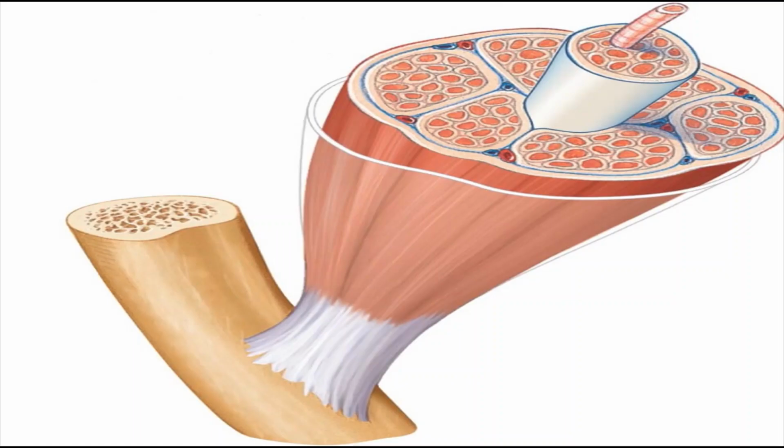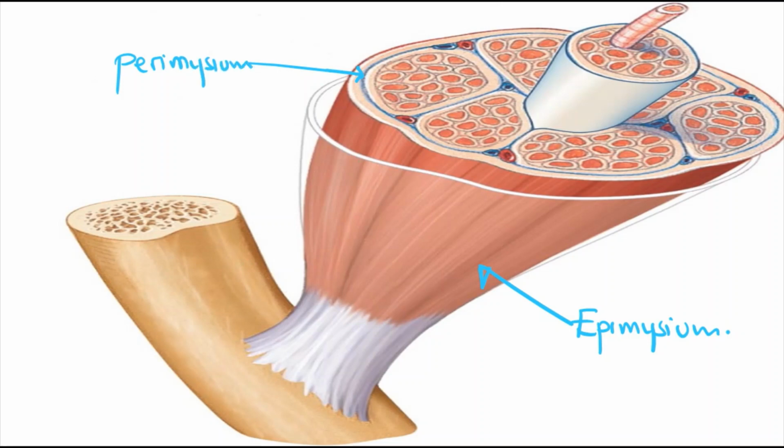Okay. So this, we've already talked about. This is the epimysium, connective tissue surrounding the entire muscle. And then the one that is surrounding the fascicles, that is the perimysium. Of course, this is just the bone here.